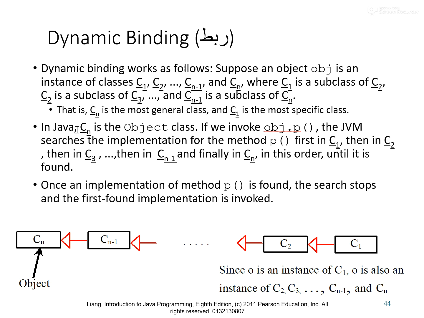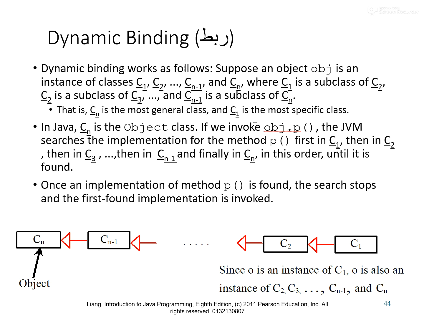Let's say we create an object obj of class C1, and we call obj.p. We're trying to call the method p on the instance obj.